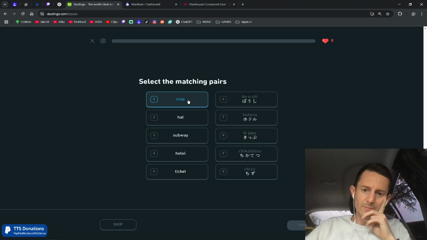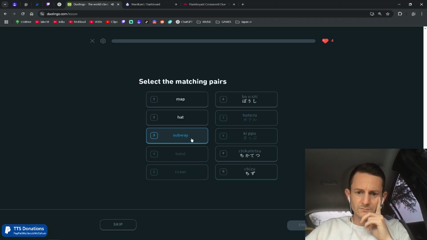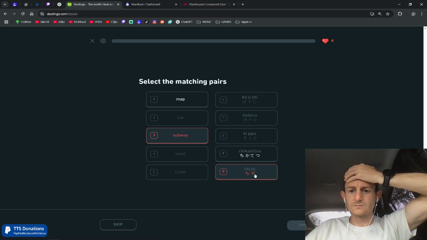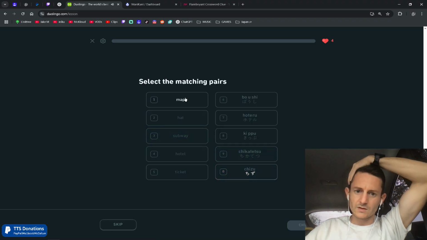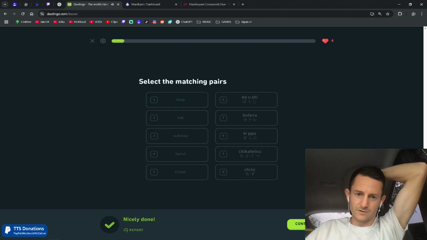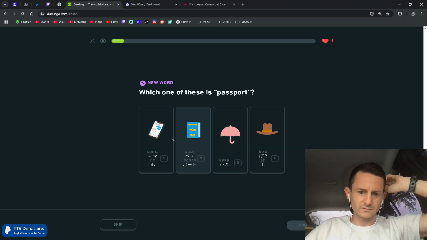I forgot what map is. Kippu? Nope. Kippu is ticket. Hotel is hoteru. Hat is boshi. Map is chizu. Subway, chikatetsu. Sure, Ludwig had to learn all of those words. Which one of these is passport?